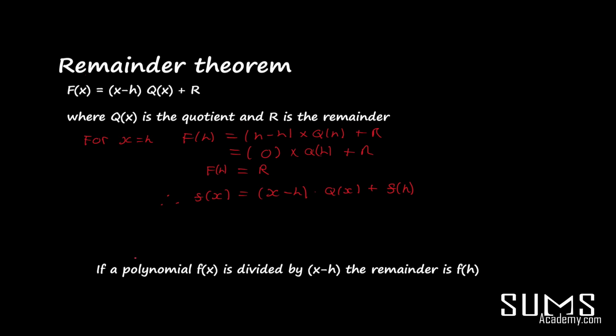So here we can say that if a polynomial is divided by x minus h, the remainder is going to be f of h. I know it sounds a bit abstract, but this is just a proof for it. It's not essential that you understand this one or can reproduce this. It's just so you understand where the expression comes from.